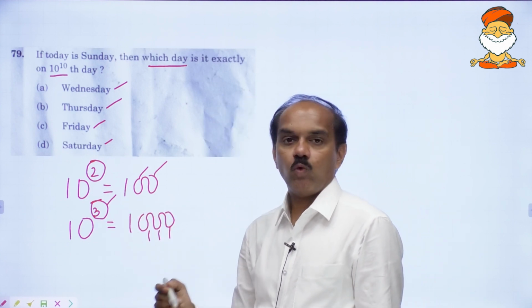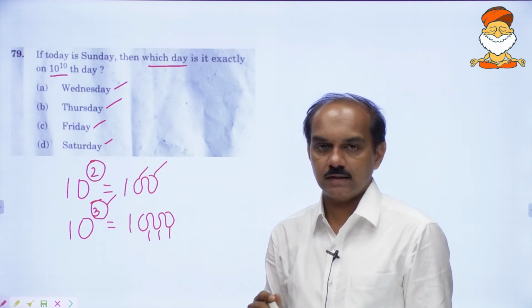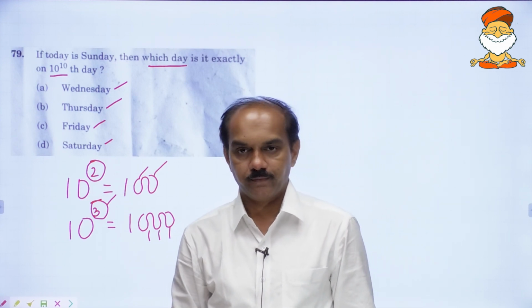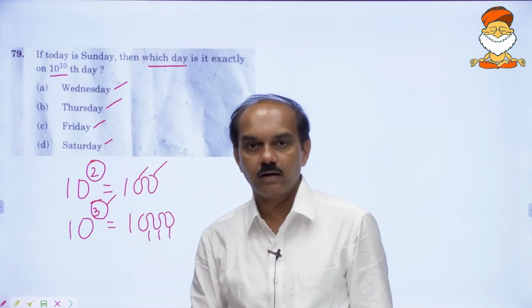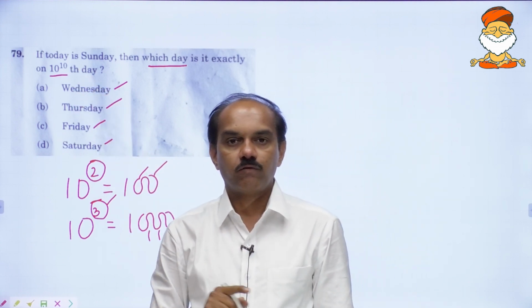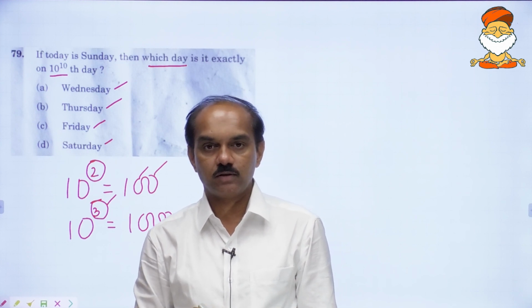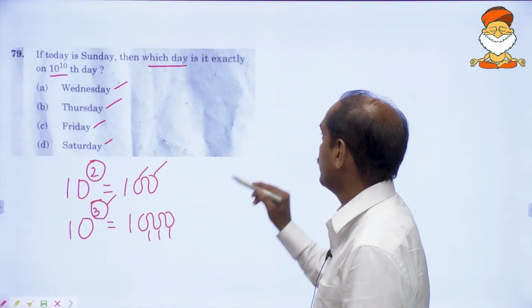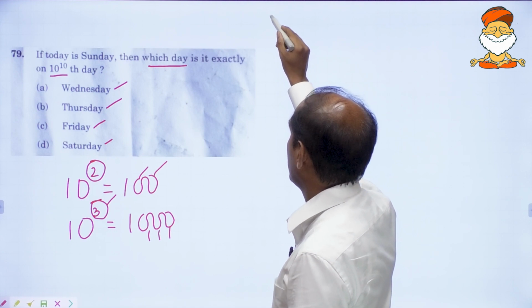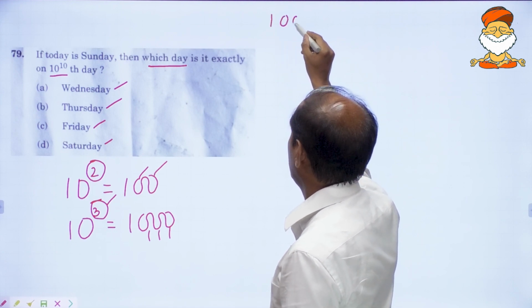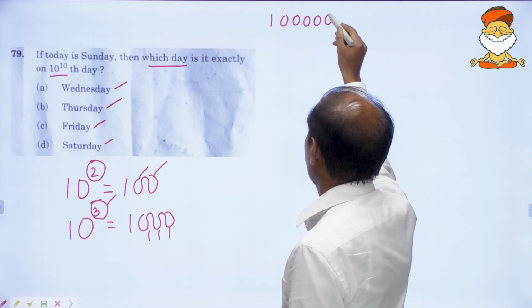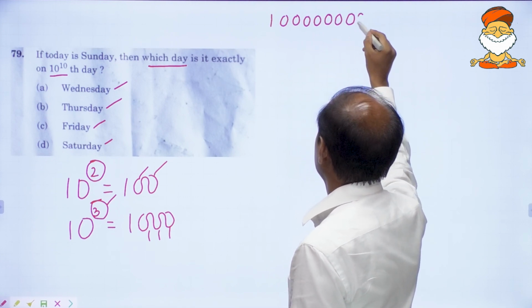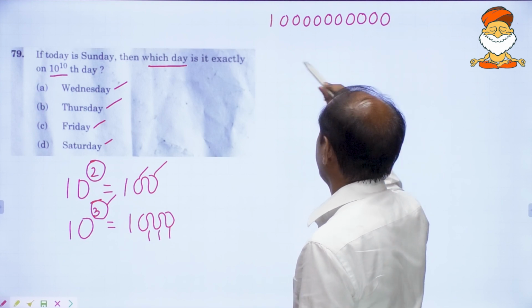So in front of 1, how many zeros you will get to see is indicated by the power. And here it is 10 to the power 10, meaning in front of 1 we will have 10 zeros: 1, 2, 3, 4, 5, 6, 7, 8, 9, 10.